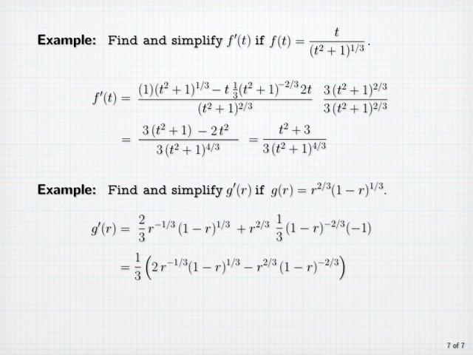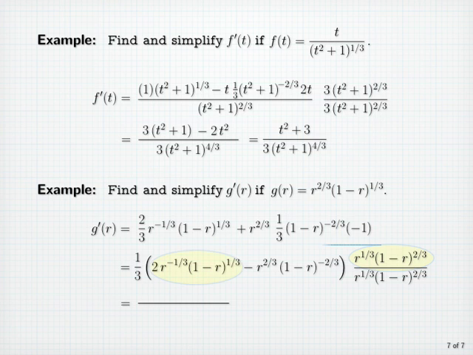Now let's factor out a 1/3, and then, to simplify further, we'll multiply this by r to the 1/3 times (1 minus r) to the 2/3 divided by itself. Now we distribute the numerator of that fraction through the two terms in the parentheses. Multiplying by the first term gives us 2r to the 0 power times (1 minus r) to the first power.